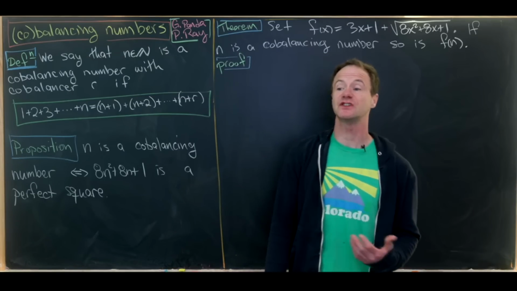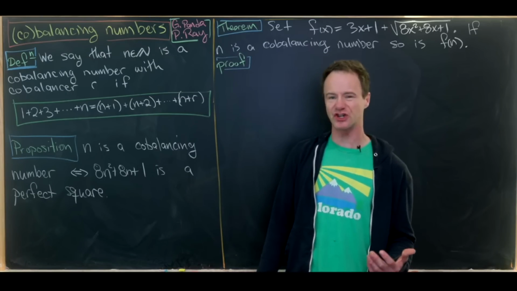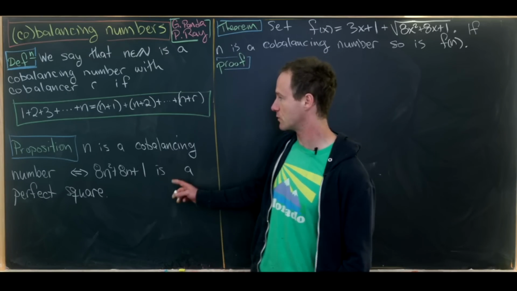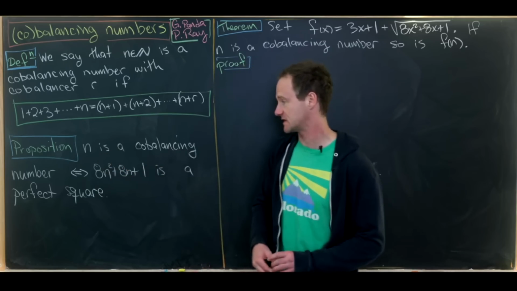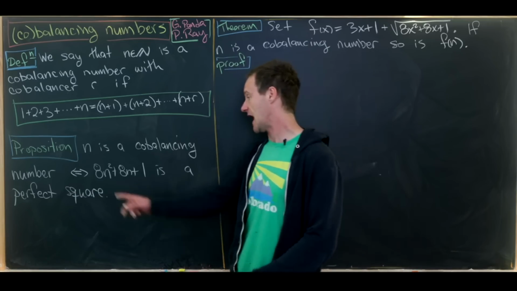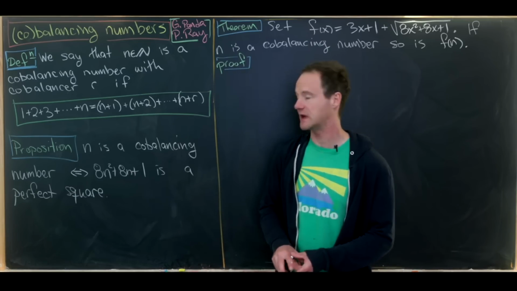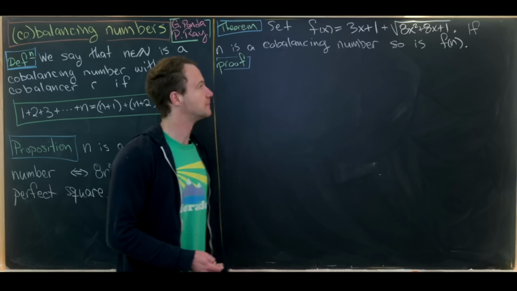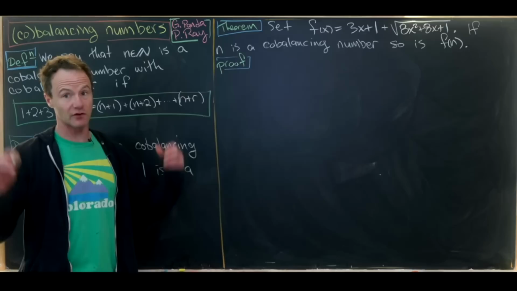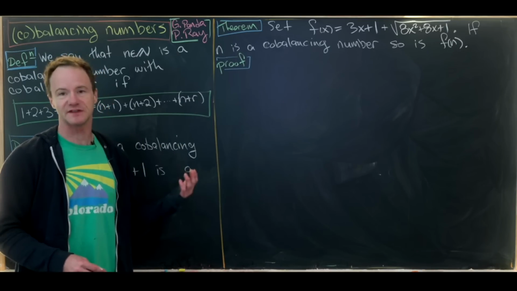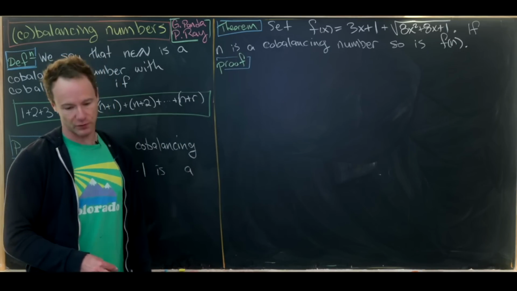So we just finished developing the intuition and a bit of a sketch of a proof for this proposition. And that says that n is a co-balancing number if and only if 8n squared plus 8n plus 1 is a perfect square. And now we're going to look at the following theorem, which will indeed help us generate all co-balancing numbers, as we'll see just after proving it.